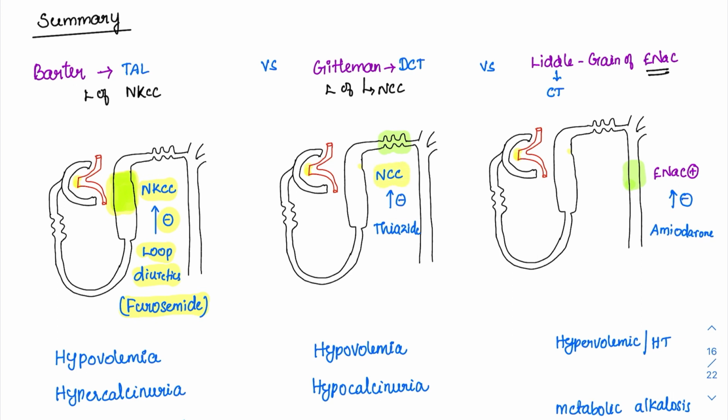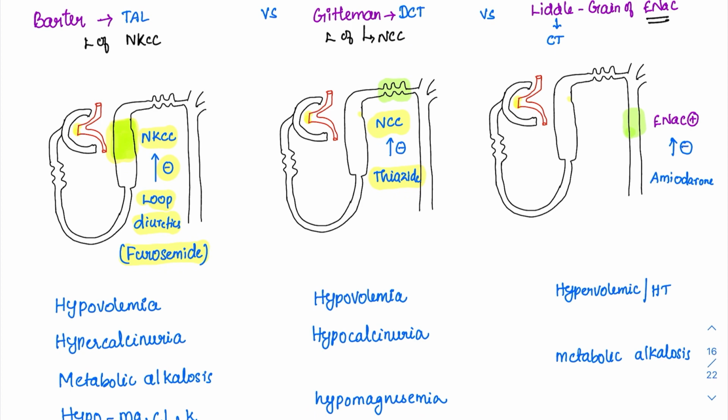If NCC is affected, it causes Gitelman syndrome. There is another group of diuretics which can influence this NCC, that is the thiazide diuretics, which act on the NCC channel. Then coming to Liddle syndrome, where the ENaC channels are increased, it can be inhibited with one group of drug, that is amiloride.